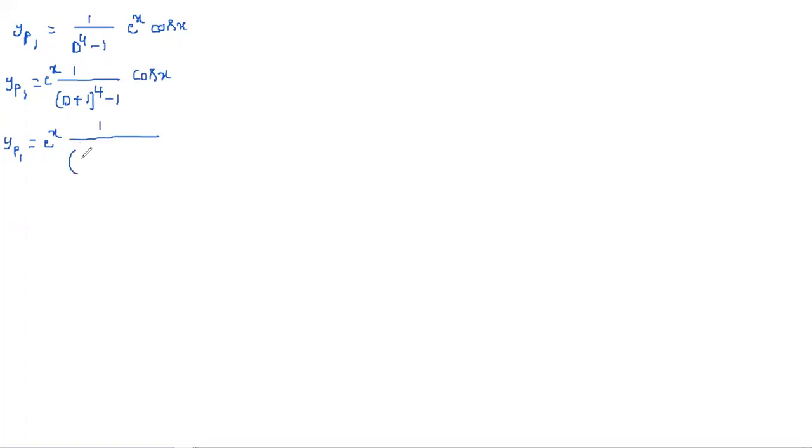So can you write this one as ((D+1)^2)^2 - 1, (a^m)^n? Are you getting the same or not? Into cos x. And then y_p1 is equal to e^x into 1/, so this is in the form of (a + b)^2. So simply you can write ((a^2 + b^2 + 2ab))^2 - 1 into cos x.